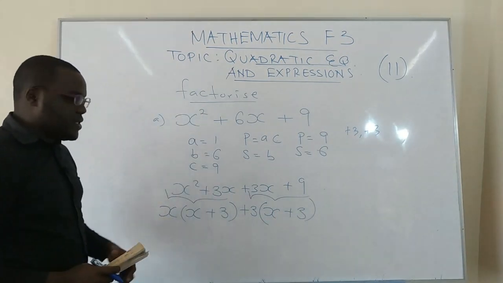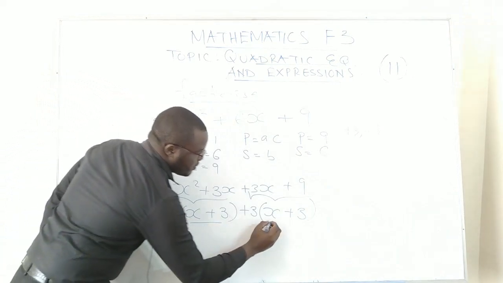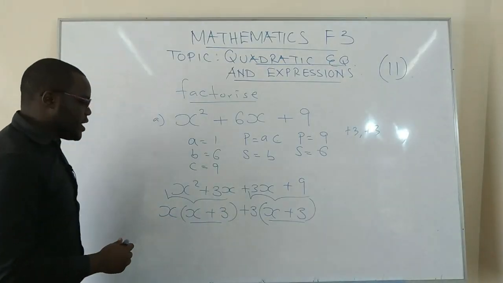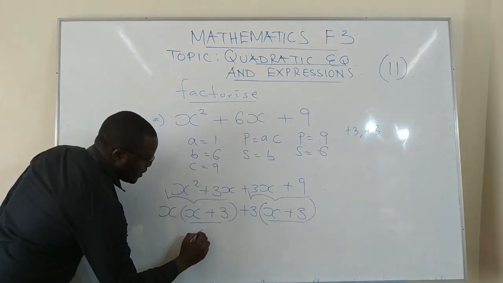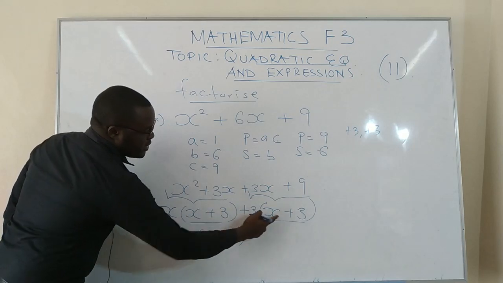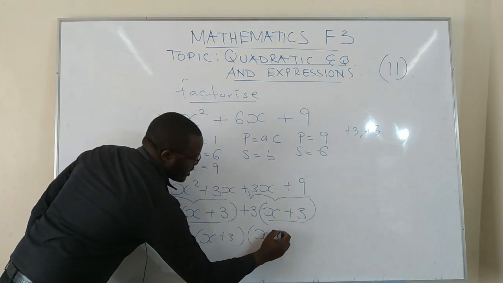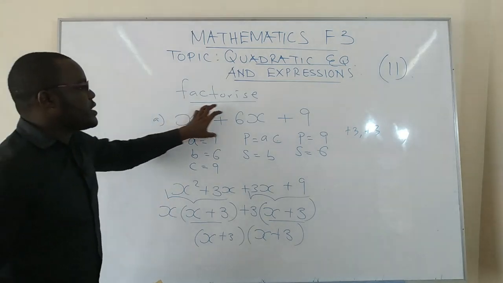At this stage, we said you can always know if you are correct if this value is the same in both brackets. The last step is where we now write those values that are outside into one bracket. And then you take one of these identical brackets and you write it here as x plus 3. So what we have done, we have factorized this expression.